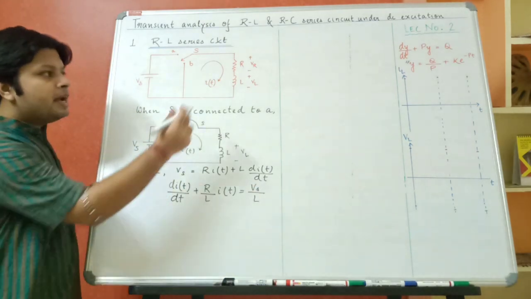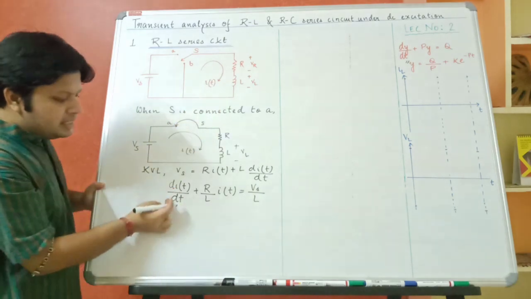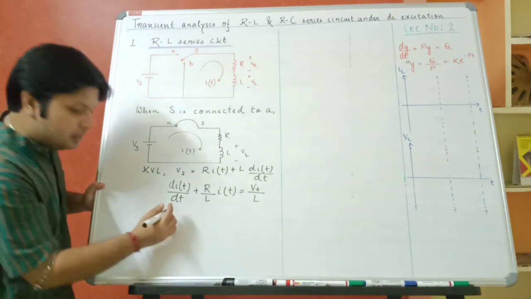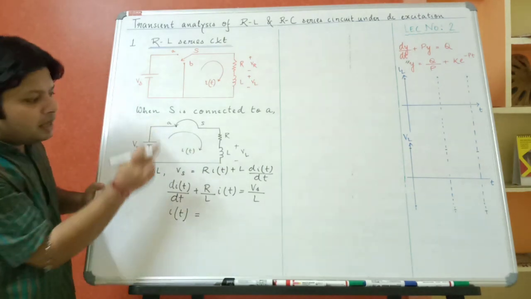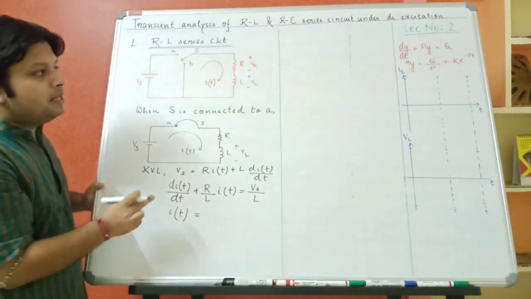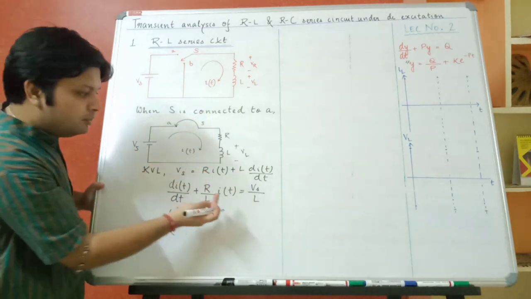So from here compare it with the solution. So dy by dt, that means dIT by dt. So y becomes IT. So writing the solution, y is equal to IT. Instead of y, I have written IT. Q by p, identify the p and q in this equation. Q is on the right hand side of the equal to sign.